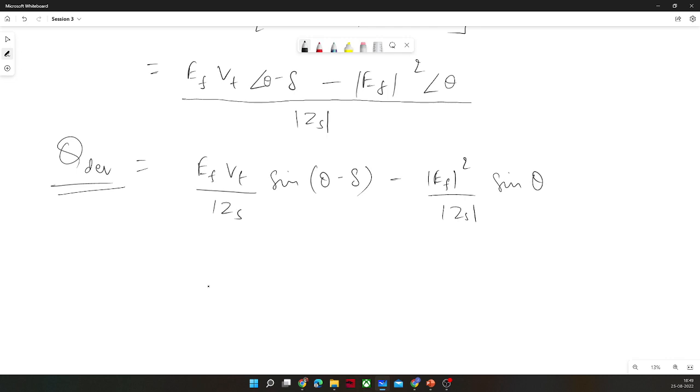Now, take the example of an inductor. If it is overcharged, in terms of the machine, if it is overexcited, it will try to provide power in terms of reactive power. So generally, what an inductor provides is lagging power, because it has excess of lagging power.